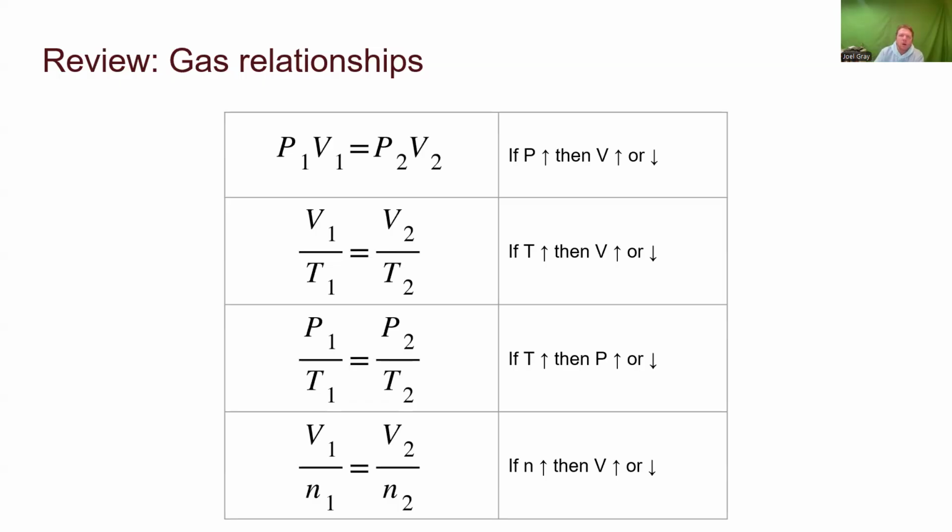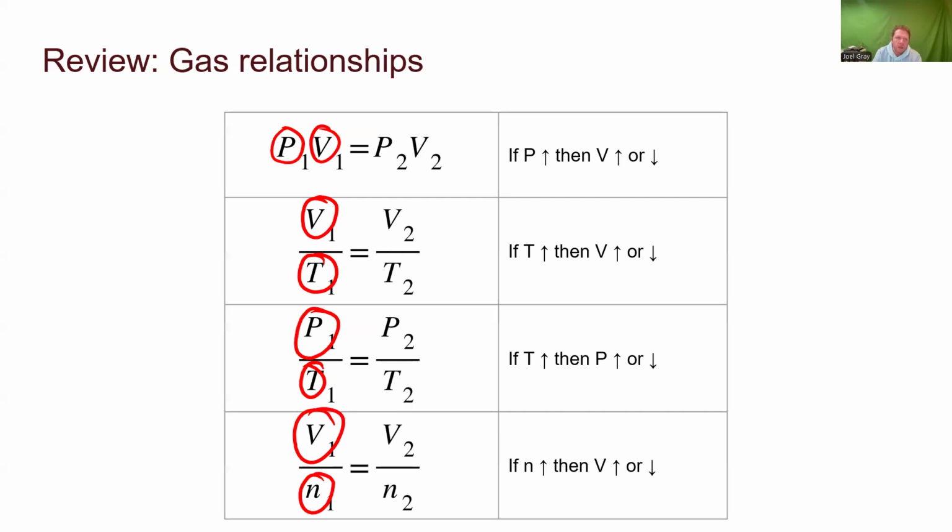So these are all the laws that we learned about last Thursday when we were talking about relationships between pressure and volume, temperature, pressure and temperature, and then volume and amount.